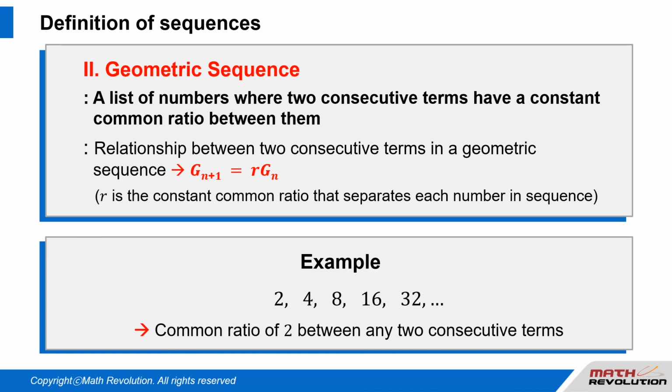For example, the sequence of 2, 4, 8, 16, 32, and so on, has a common ratio of 2 between any 2 consecutive terms. Arithmetic and geometric sequences appear most frequently on the GMAT.